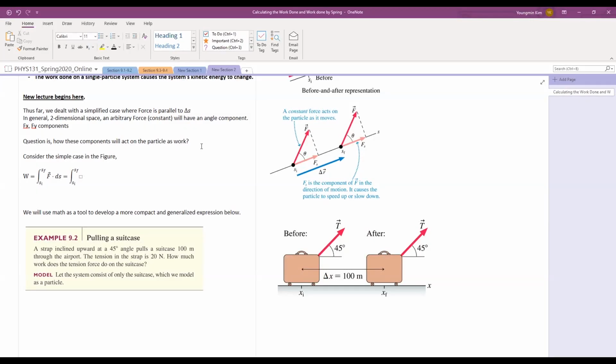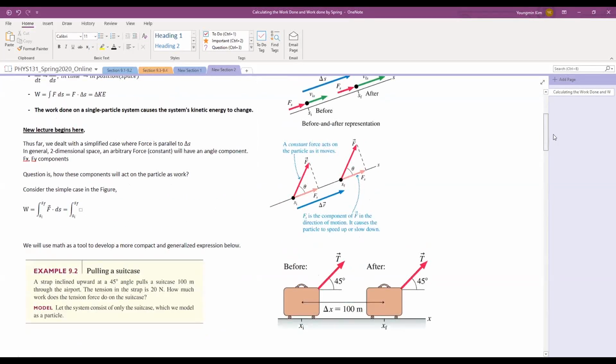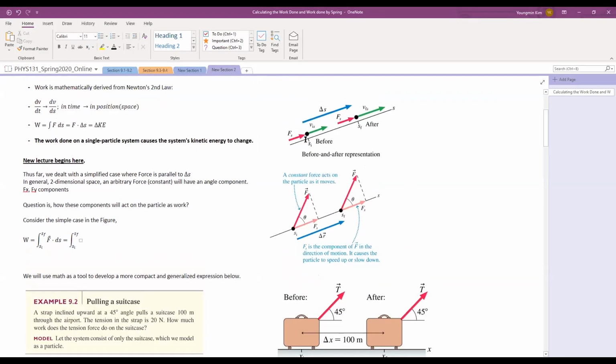So we're going to take a look at the figure here. The figure here is the situation we dealt with yesterday, where the force and the displacement are along the same axis, either parallel or anti-parallel. And if it's parallel, we know it's positive work being done. When it's anti-parallel, that's negative work being done by this force.